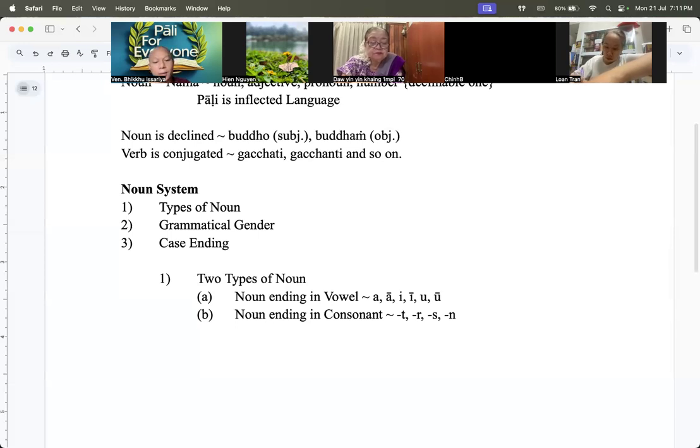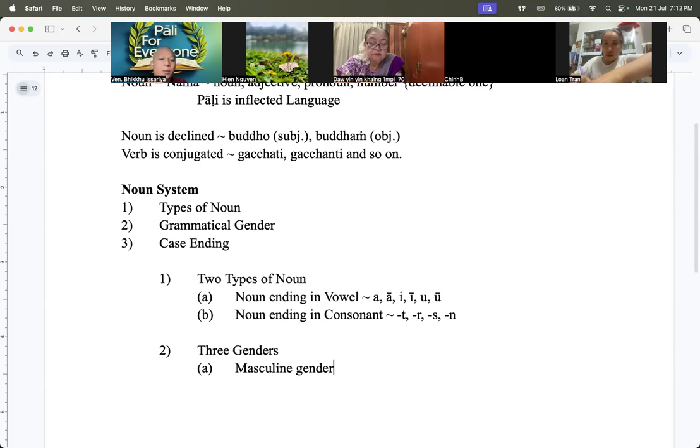Okay, now the second one, grammatical gender. There are three genders. One is masculine gender, like a male.